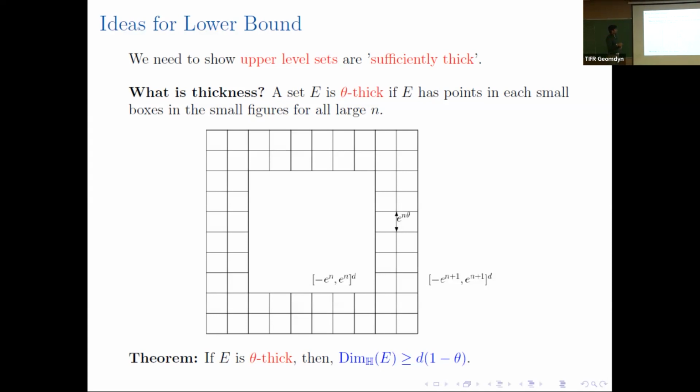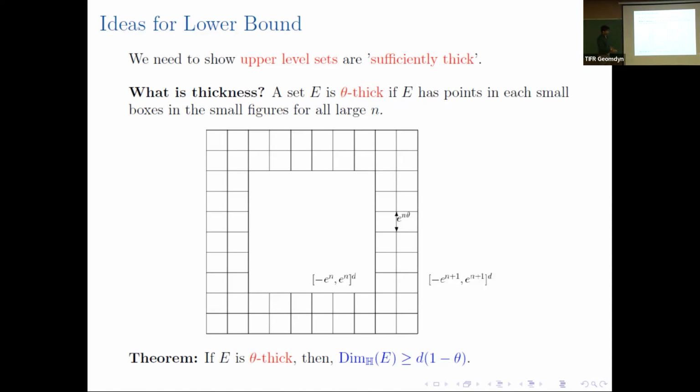So we need to show that these upper level sets that we are considering are sufficiently thick. And what do we mean by that? A set E is theta thick if, in the following figure, remember that while defining the Hausdorff dimension, we had this geometric figure, and we were dividing it into growing squares, and there's a region between the squares.